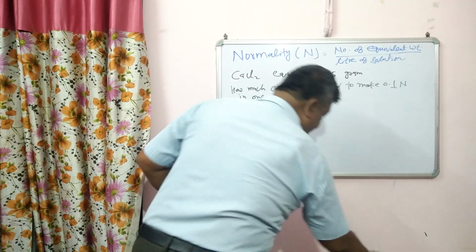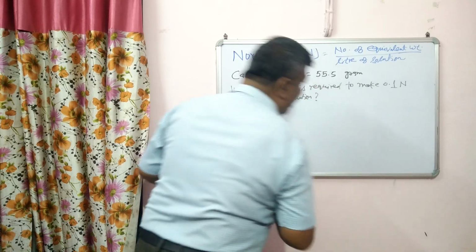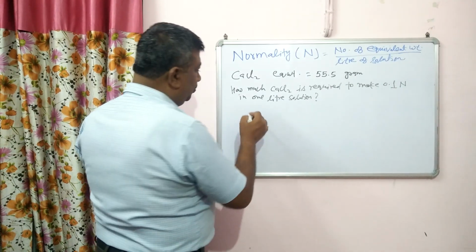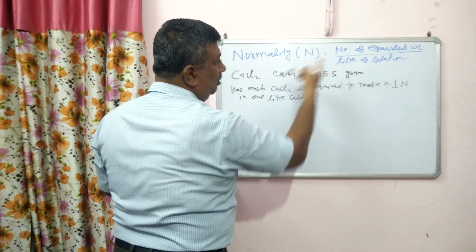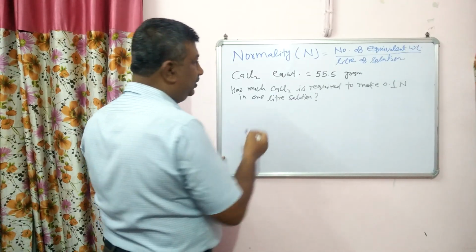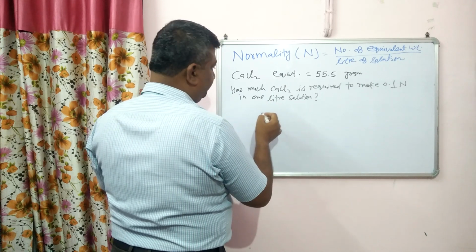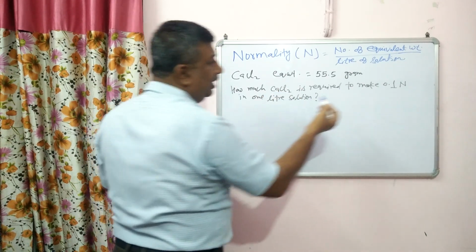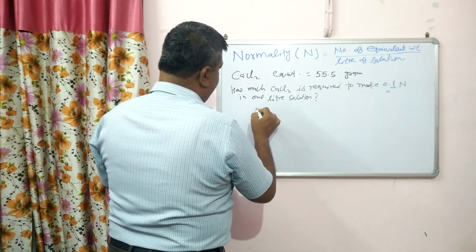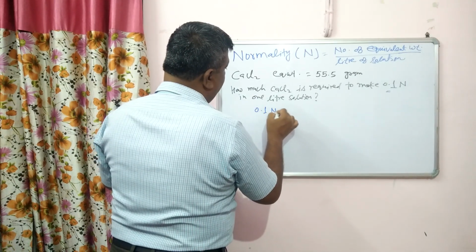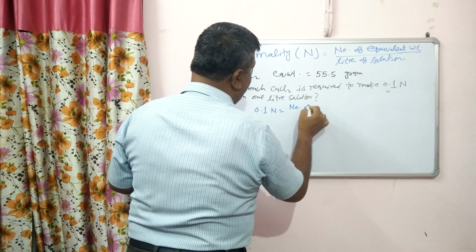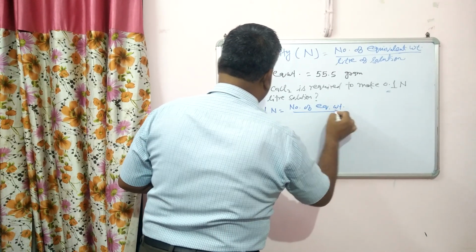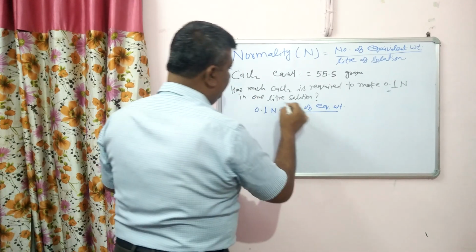So how to calculate it? This amount may be asked. So this is 0.1 N. We know normality is equal to the number of equivalent weight divided by liter of solution. So first we have to calculate how many equivalent weight are required in 0.1 N. So 0.1 N is equal to the number of equivalent weight divided by the number of liter solution.